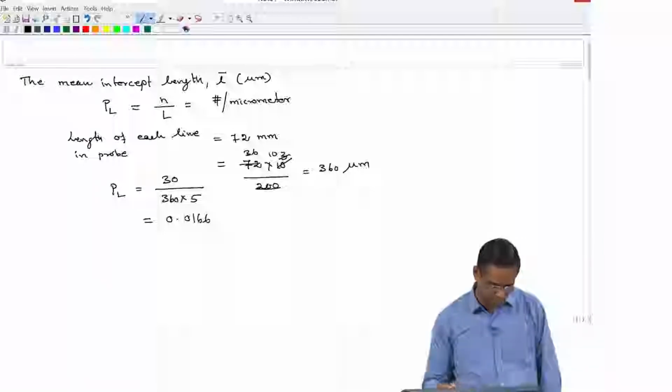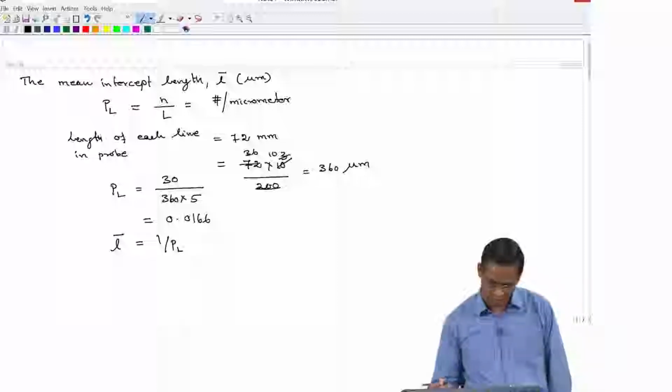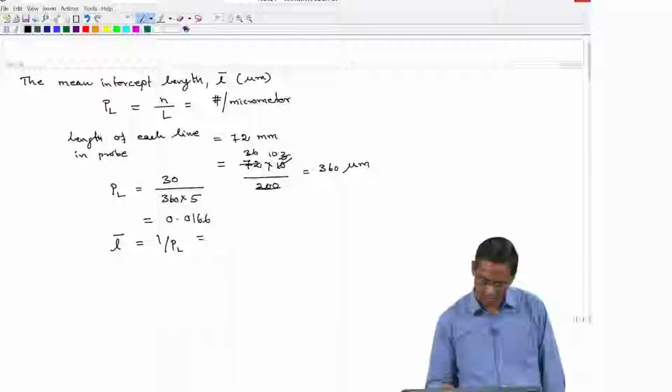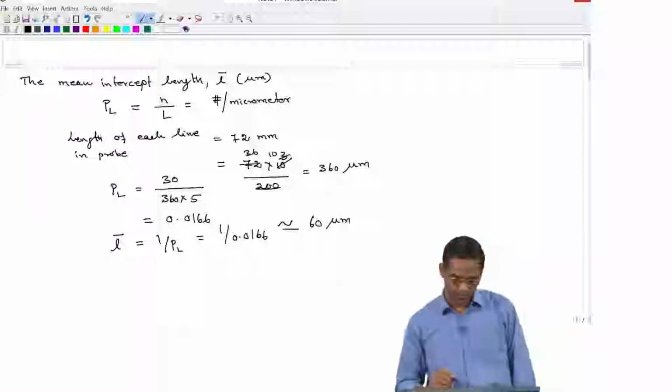Like that I will generate PL, but our interest is L bar. What is L bar? L bar is nothing but 1 upon PL. This is what we have learnt from the lecture. So, 1 upon 0.0166 is approximately 60 micrometer. This is how you have to calculate for each case.